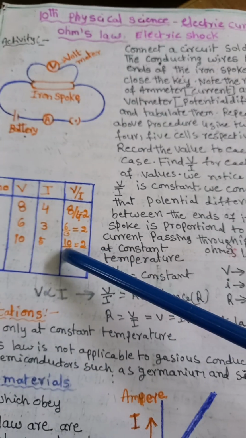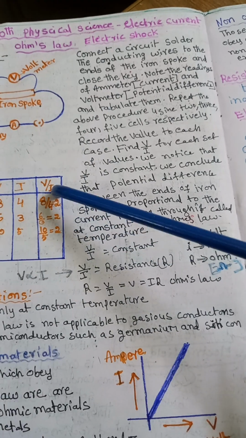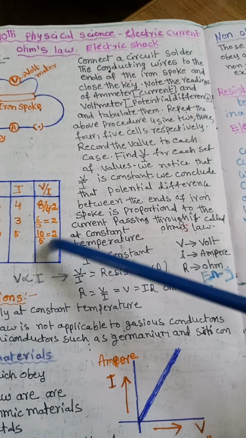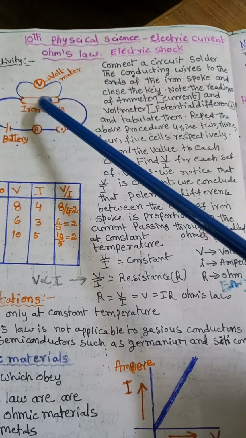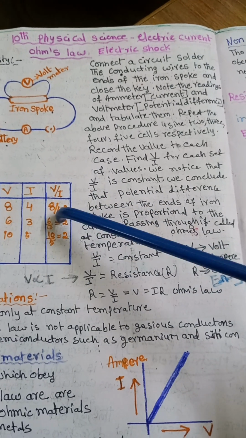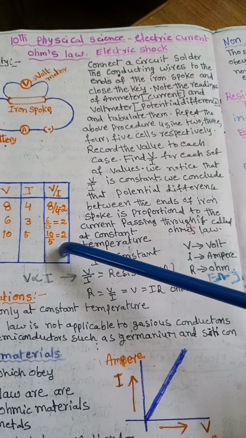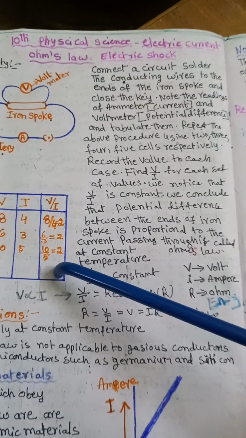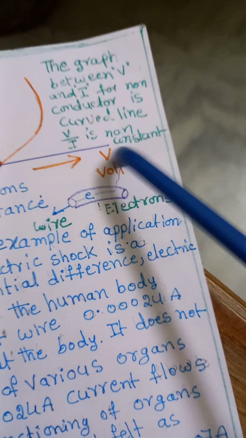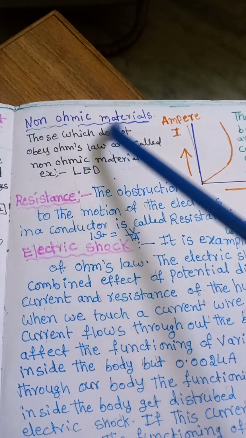When we take metals, we observe that V by I is constant: 2, 2, 2. When we use lead between the two wires, V by I is not constant. It means first 1, second 2, third 1, 3, like that. So it is called non-constant. V by I is non-constant. So these materials are called non-ohmic materials.